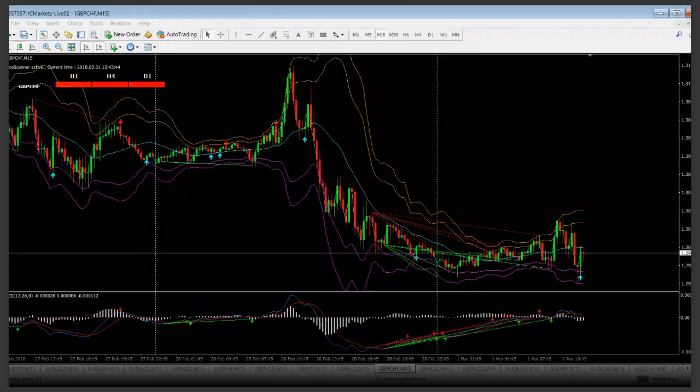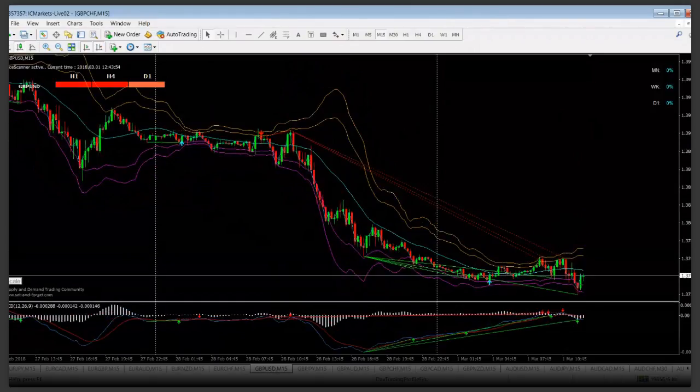Waiting. There we go. Swiss franc starting to pop up there. Four pips in the money at the minute.